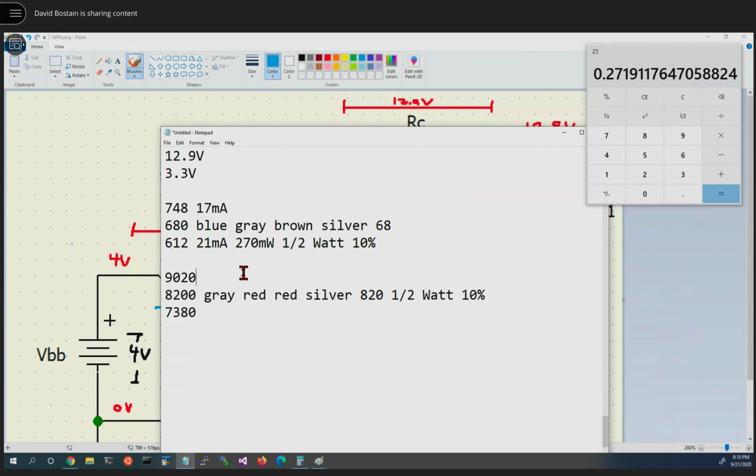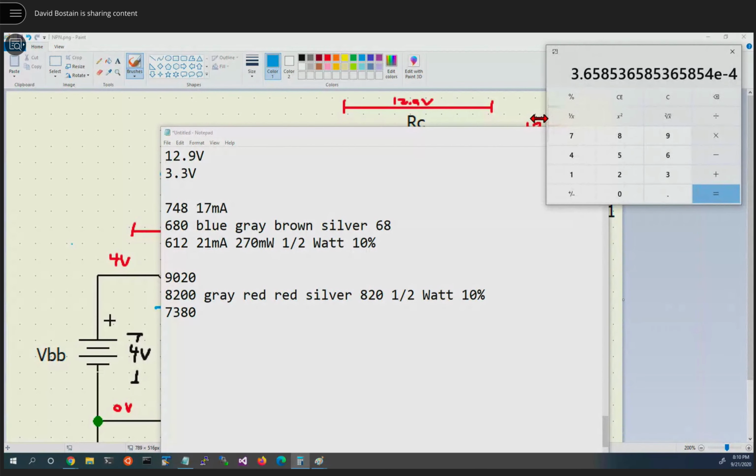So let's do that. Let's take 3.3 divided by 9020. Stretch that out. Okay, so he's going to be in the micros also down low, but we don't really care.